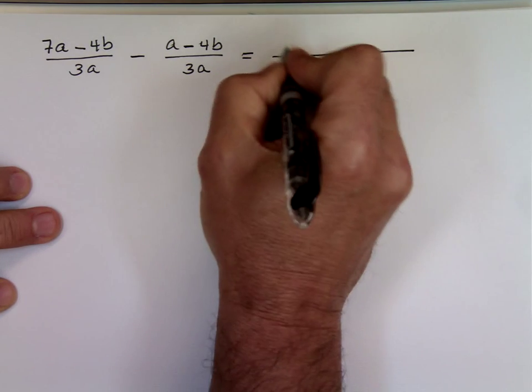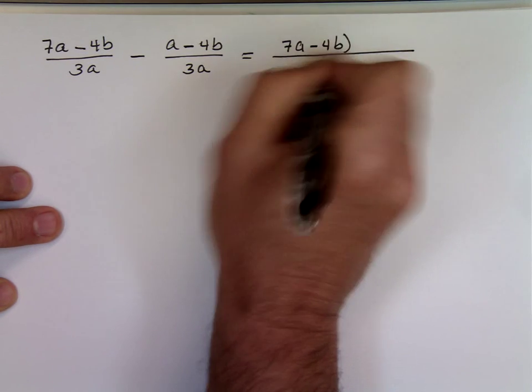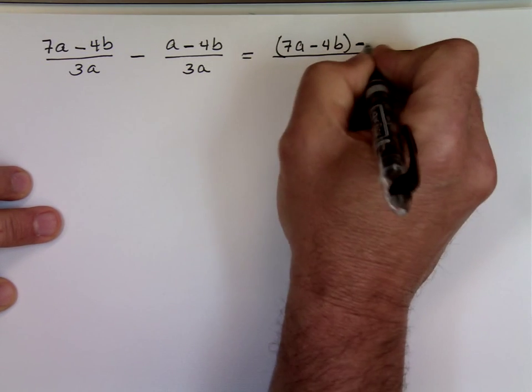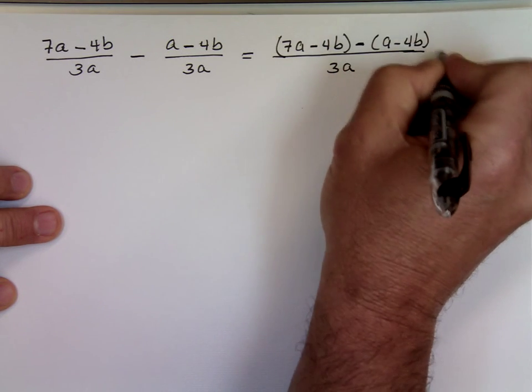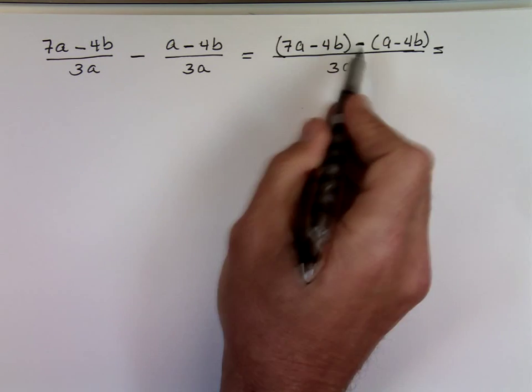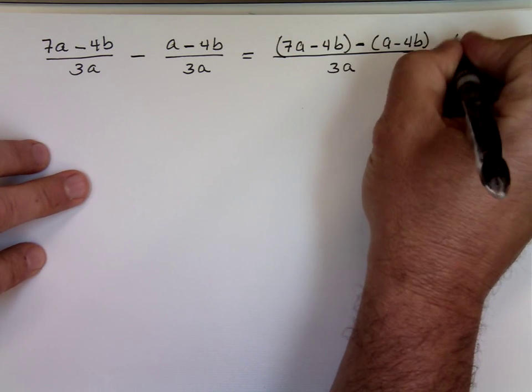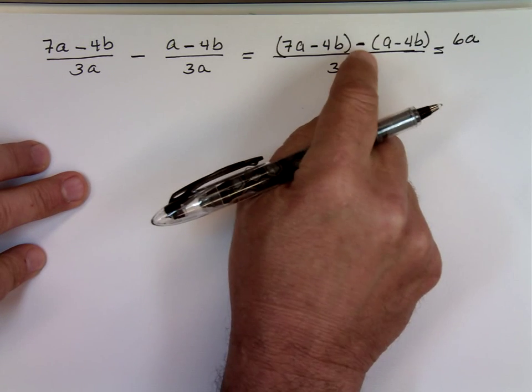The top will be 7a minus 4b minus a minus 4b. What is 7a minus a? To me, that's 6a. What is negative 4b minus negative 4b?